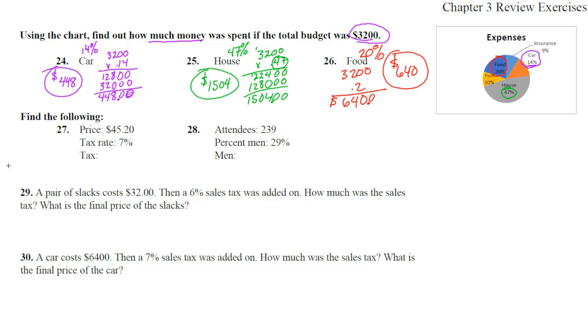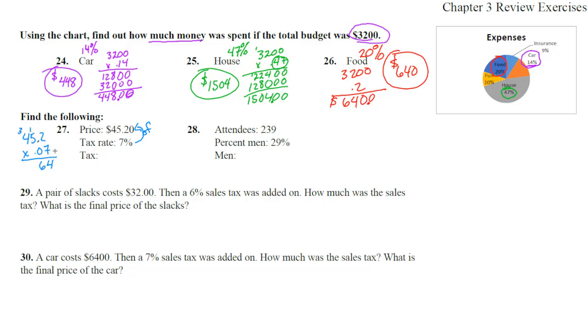Okay, next one, number 27. Here we have 7%. This is the tax rate that's going to be of, kind of like what we did up here. And we get 7% of 45.20. So let's write that out. 45.2 times 0.07. Now remember when you do this, 2 decimal places. 7 times 2 is 14. 7 times 5 is 35, plus that carried 1 is 36.